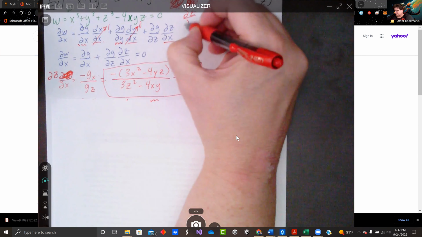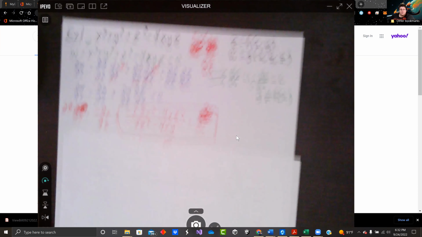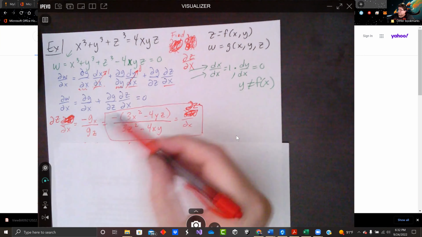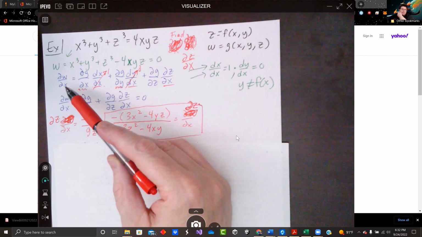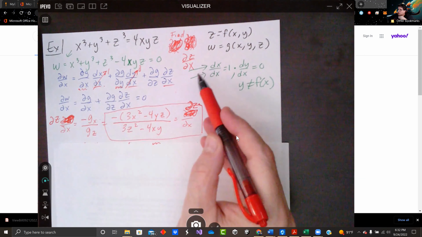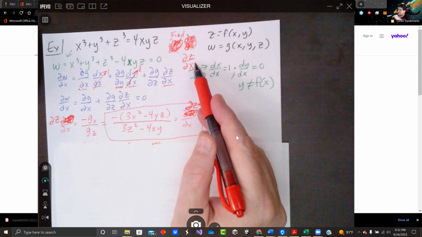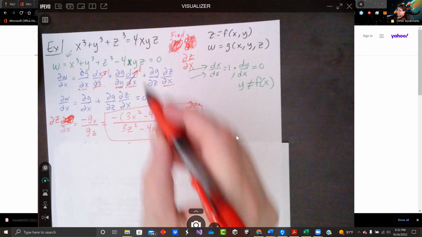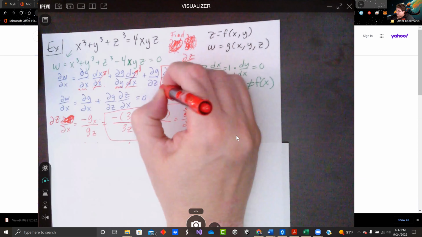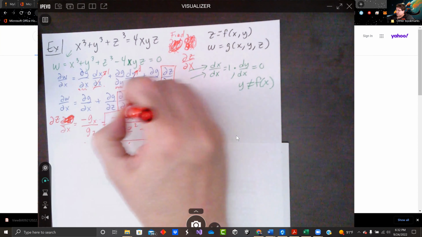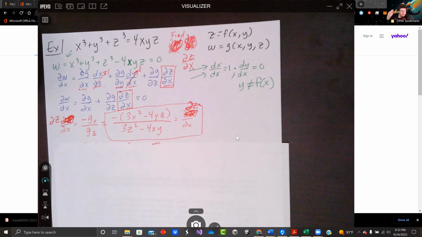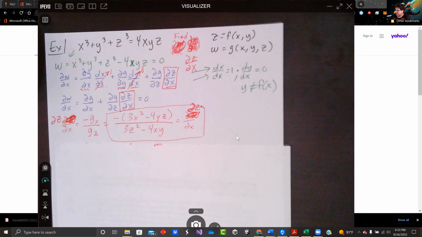I should trust myself. I was using dw dx, or partial of w with respect to x, to find the partial of z with respect to x. There we go. This is what we've been focusing on right here. That's what we wanted. That's what we're solving for. Damn, I kind of muddled that up a little bit.